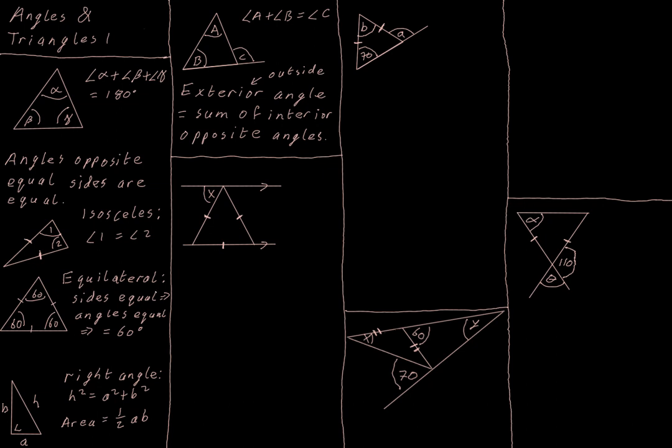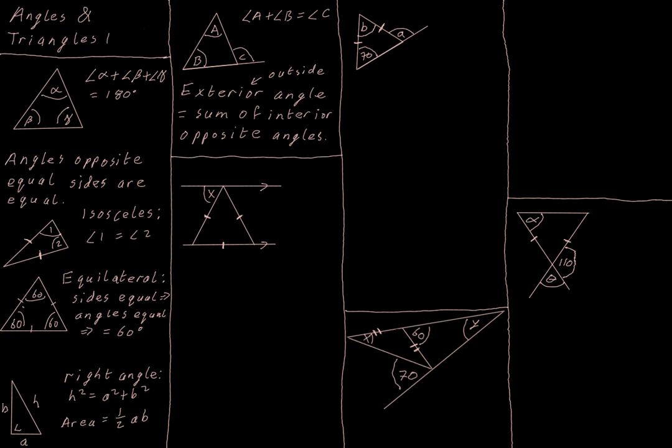For an equilateral triangle, so equi means equal and lateral means side or length, an equilateral triangle has equal side lengths. And a consequence of what we just looked at is that if the angles opposite equal sides are equal to each other, this angle must be the same as this angle must be the same as this angle.